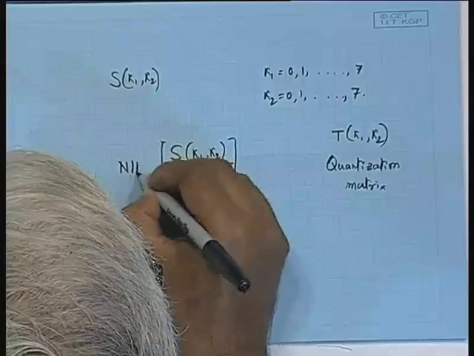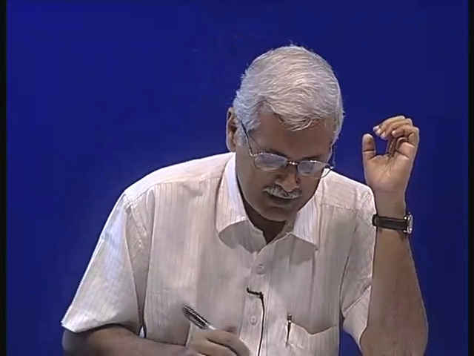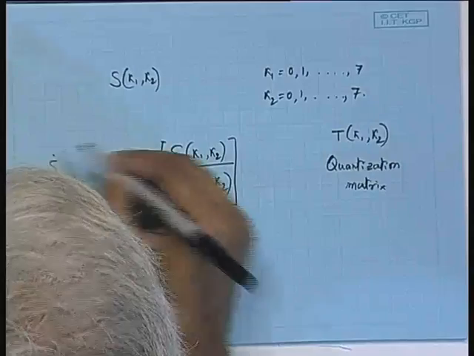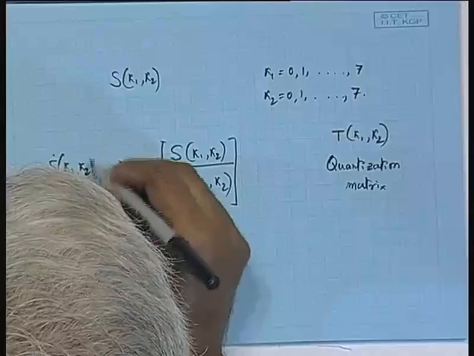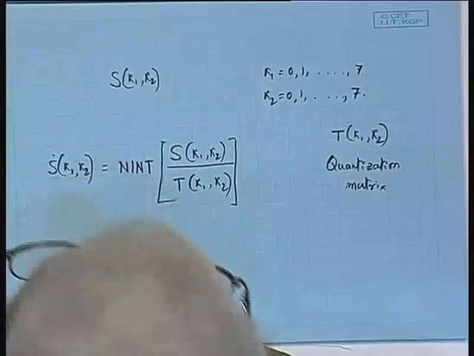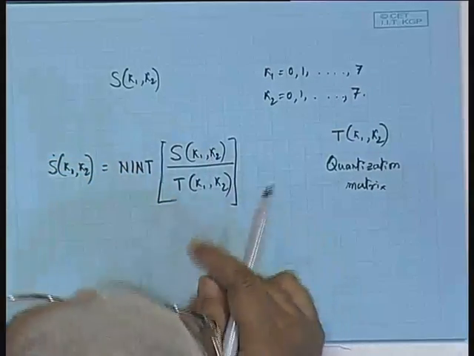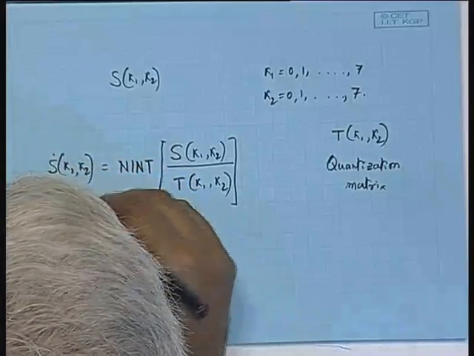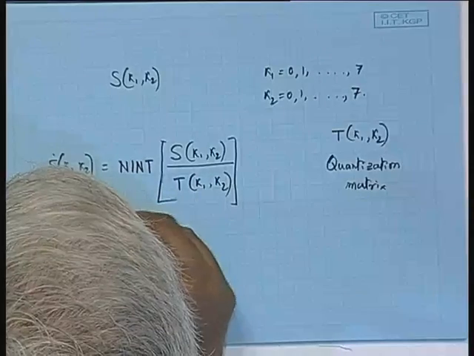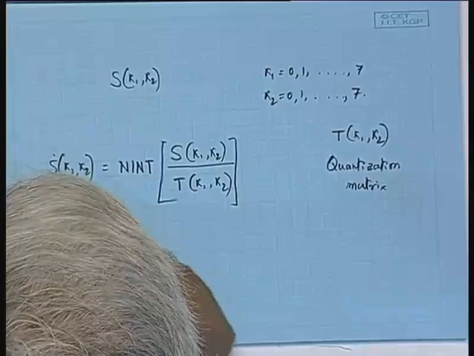You can write NINT, where the NINT function basically refers to the nearest integer, and then this quantity you can represent as S dot (k1, k2). So, S dot (k1, k2) will be represented as the nearest integer of this quantity. So, what is essentially S dot (k1, k2)? S dot (k1, k2) is nothing but the quantized DCT coefficient.